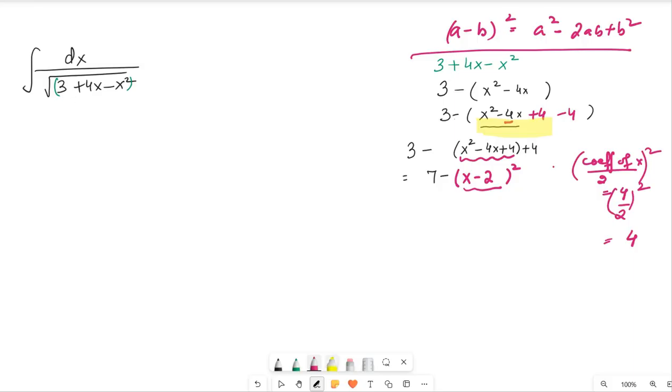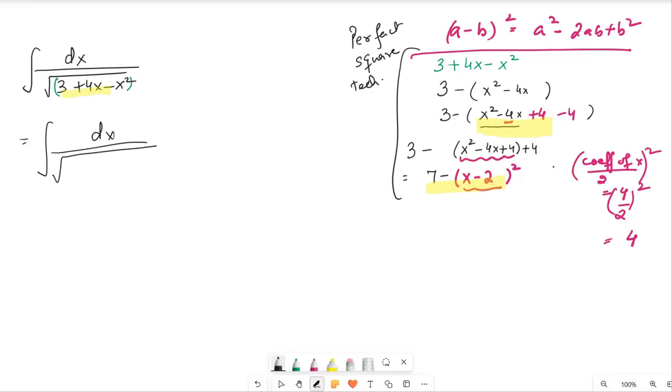So what I'm trying to say here is this part inside can be replaced by this. Let's write it down. Integral. This technique is called the making perfect square technique. Okay. Dx by square root of 7 minus x minus 2 whole square.